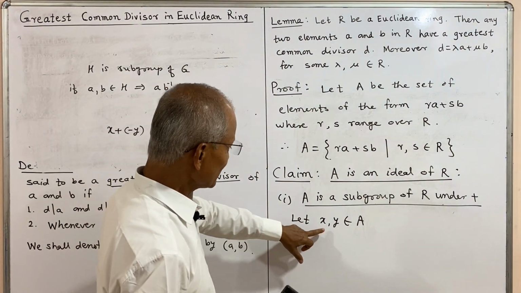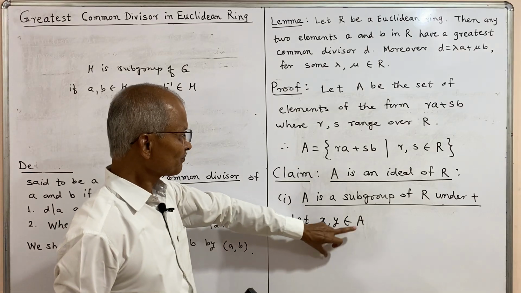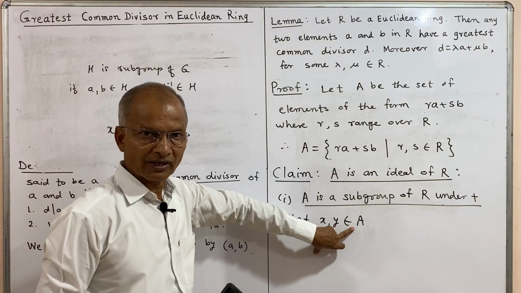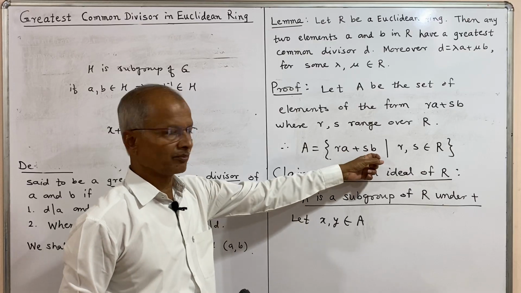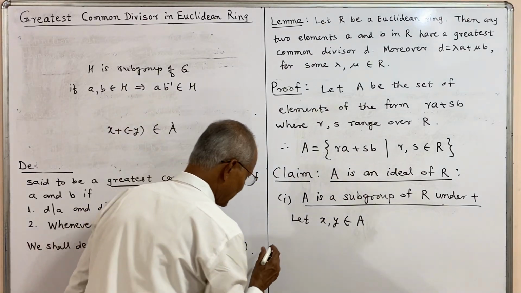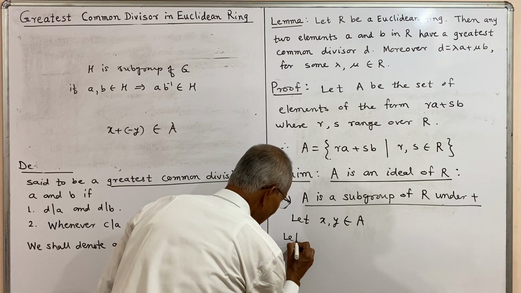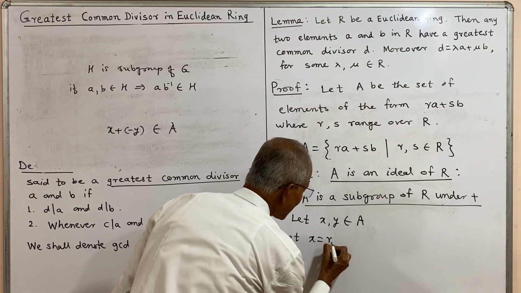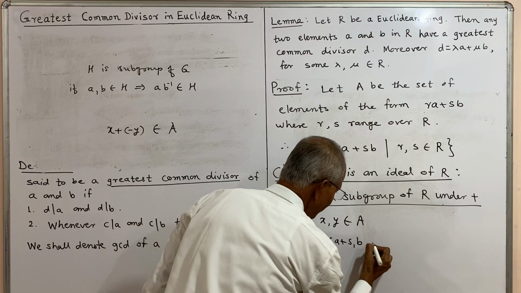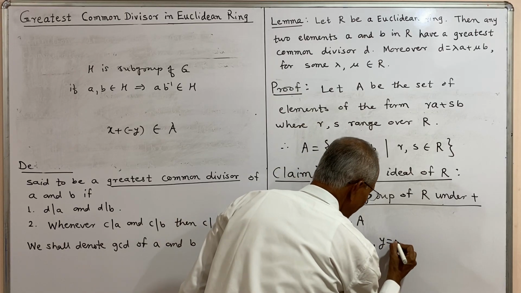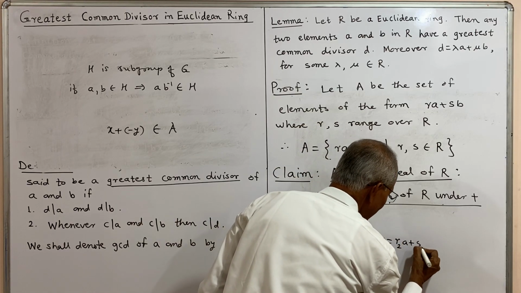Here we have considered X and Y belonging to A, and X and Y are elements of A, so both must be combinations of A and B. Therefore let X equal R1A plus S1B, Y equal R2A plus S2B.